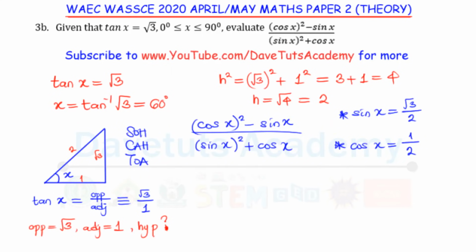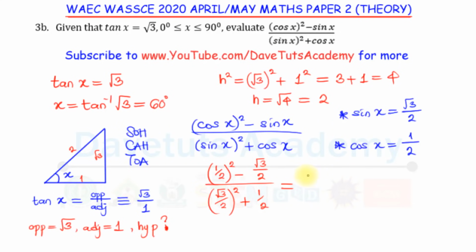And for us to do that, cos x we have gotten to be 1 over 2. So we have 1 over 2 raised to the power 2, minus sin x, which is root 3 over 2, divided by sin x again, that's root 3 over 2, all raised to the power 2, plus cos x, which is 1 over 2.